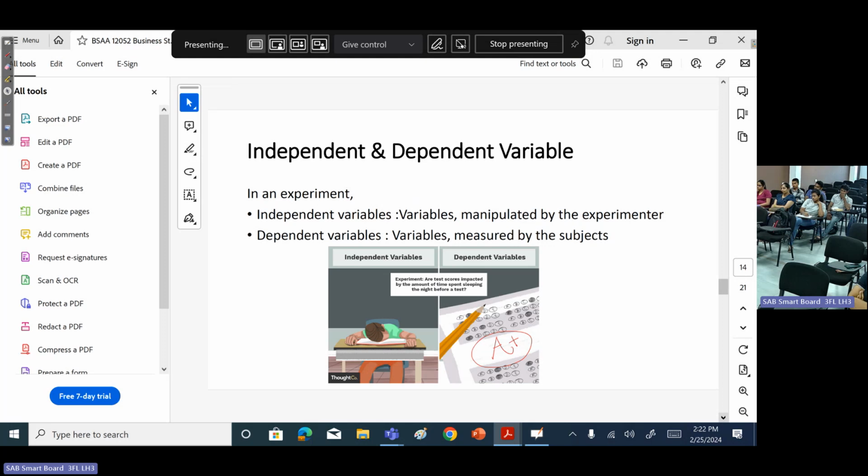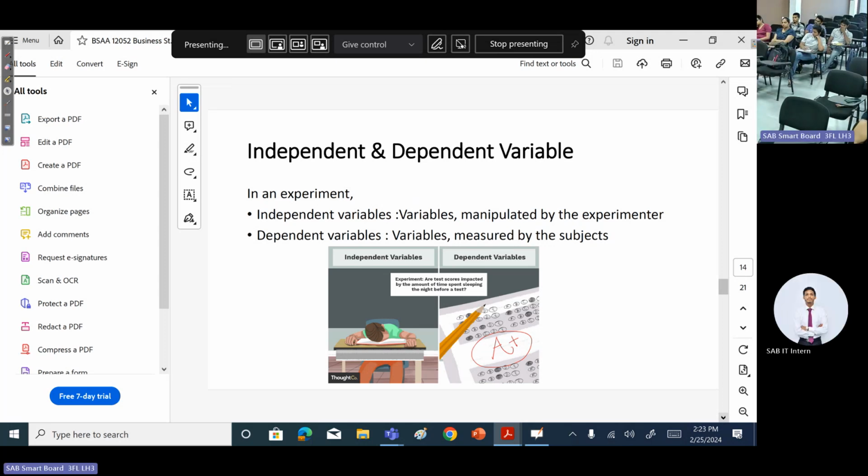Here, what is the independent one, the one manipulated by the experiment? It does not depend on the other: advertising expenditure. First we focus on the advertising expenditure, and based on that, the change in the monthly sales.